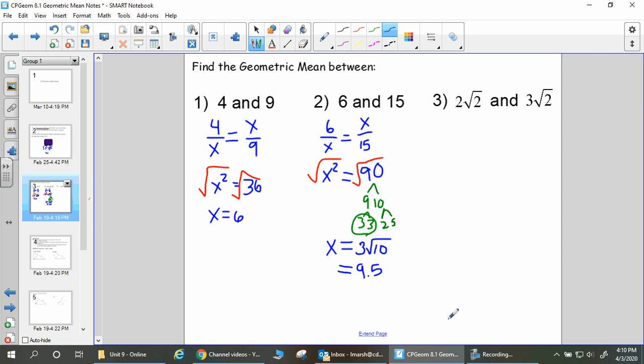Question 3 is asking you to do the same thing, except now my values already have square roots. But I'm going to go with my same setup. So I have 2 square root 2 over X, and then my second fraction is going to be X over 3 root 2.